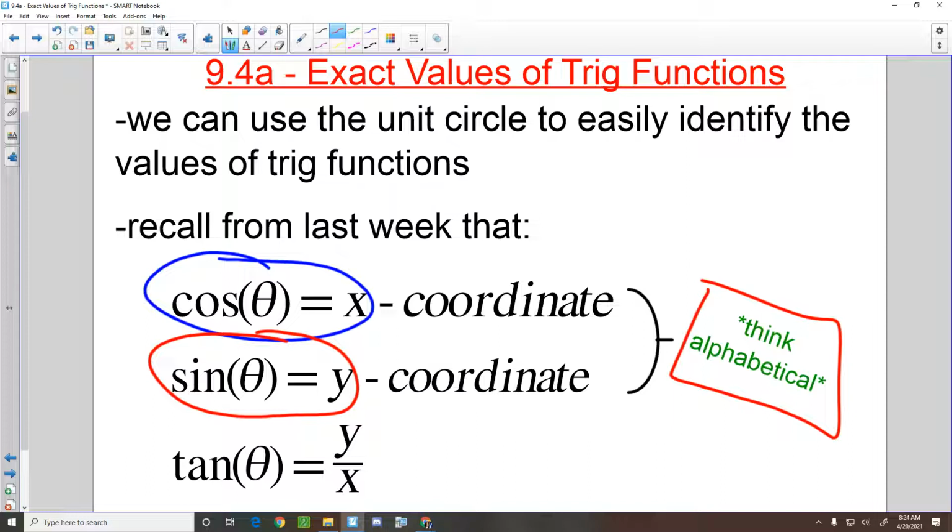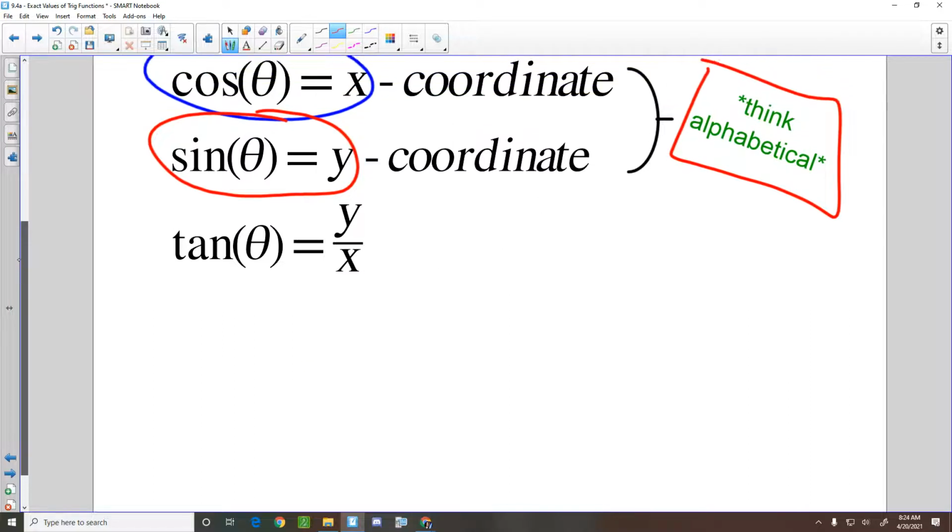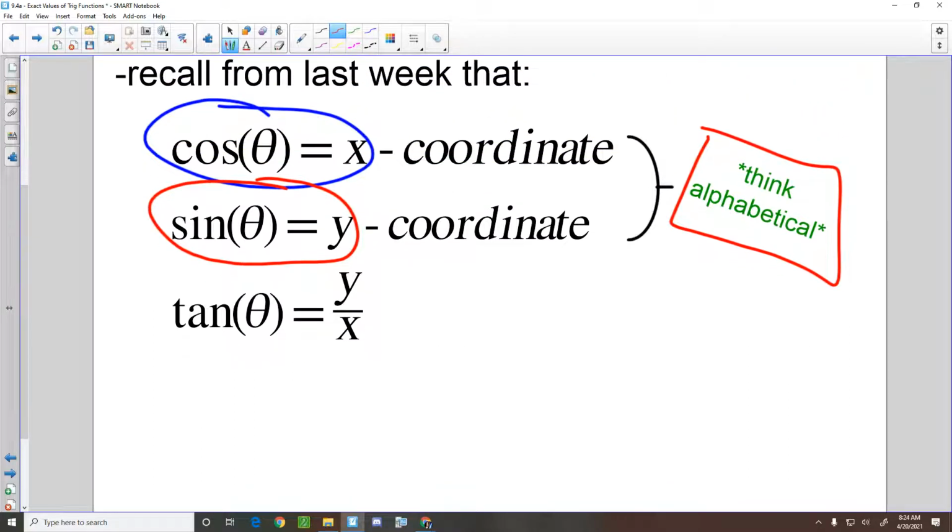For tangent, two ways you can think about the tangent. You all know from SOHCAHTOA that tangent is opposite over adjacent. So if you were to draw a triangle, and that's theta, just think TOA, or tangent of that angle.